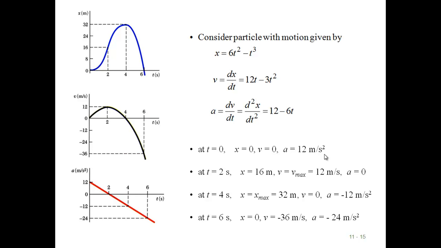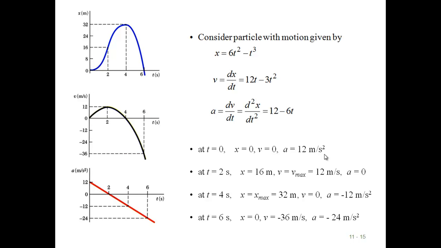And at time t is equal to 6 seconds, the particle passes through the origin. Its coordinate x is then 0. While the total distance traveled since the beginning of the motion is 64 meter, that is twice its maximum value.